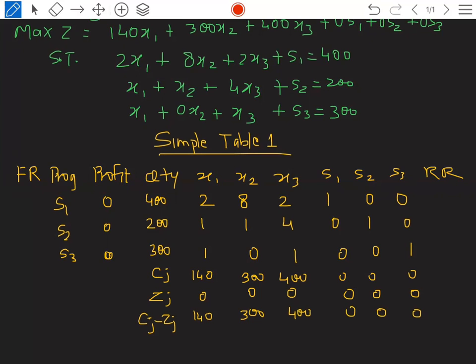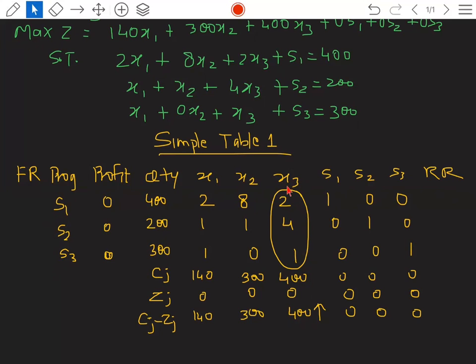Out of these, which one do we select? Since this is a maximization problem, obviously the choice for us is going to be the highest positive number. So we select this, and this column is marked as the key column. Then in this key column, we go to the next step, where this number, 400, tells us that we should produce x3.